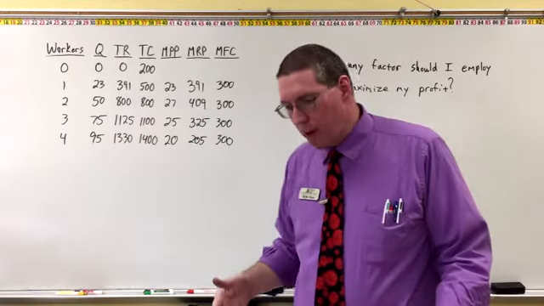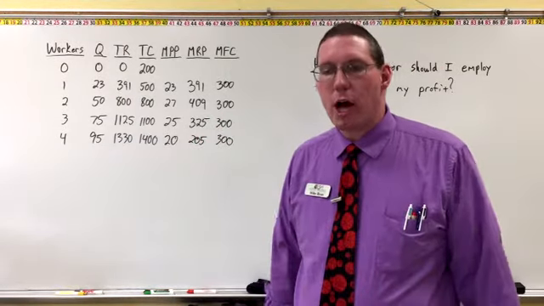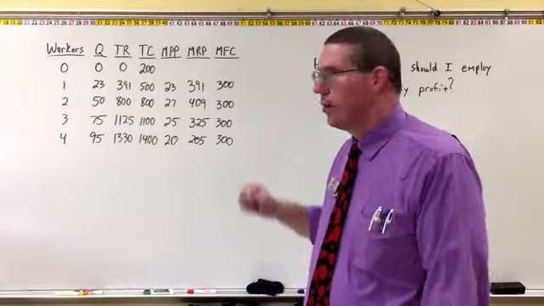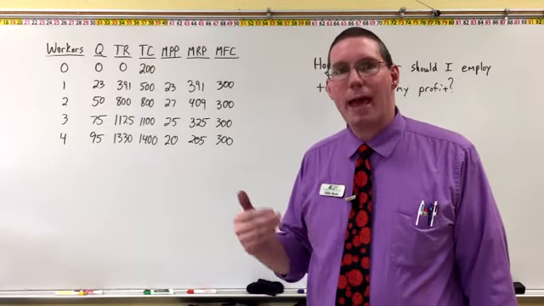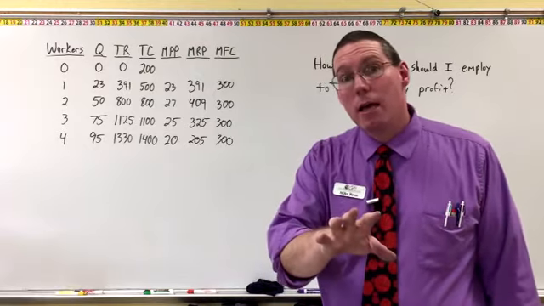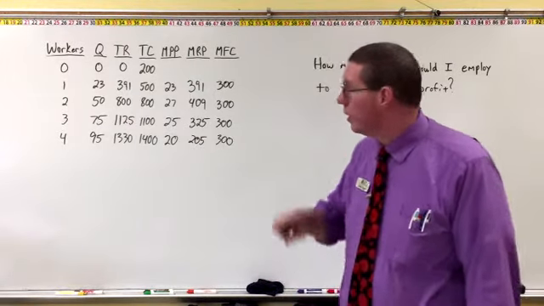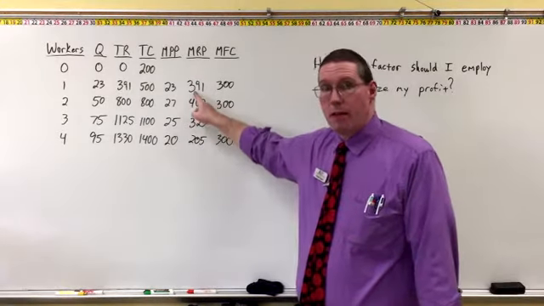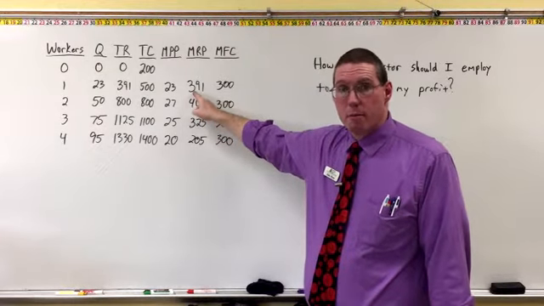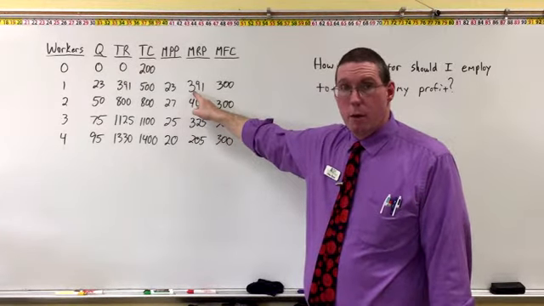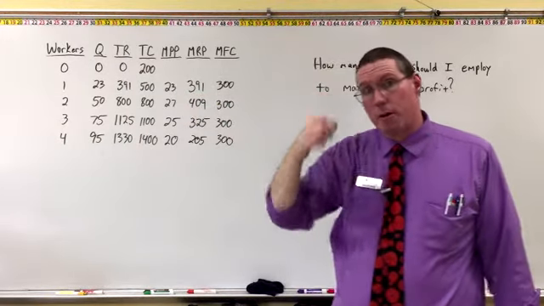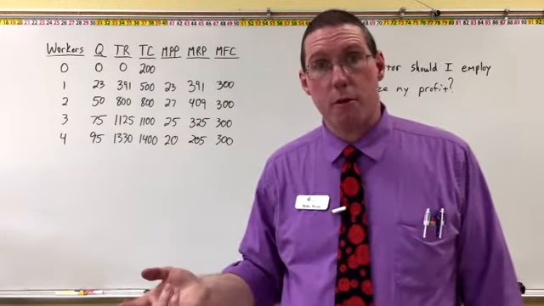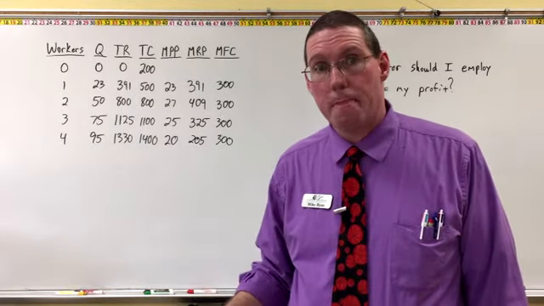So John walks up. They know that if they hire John, that John is going to earn them $391. How much should they be willing to pay John? Now, ideally, they're going to want to pay John less than the amount of money that he's providing for them, right? So obviously, ideally, we want it to be less than $391 so that the business can earn some profit on hiring John.